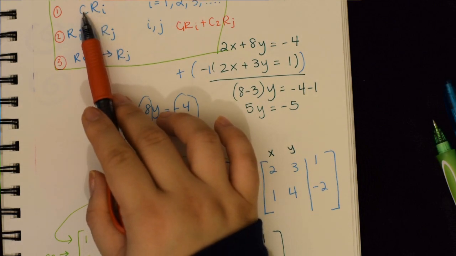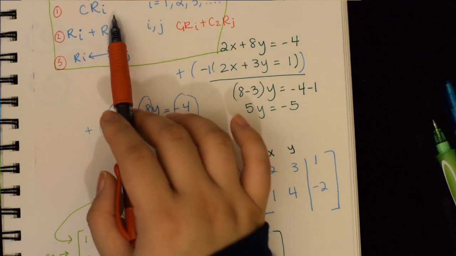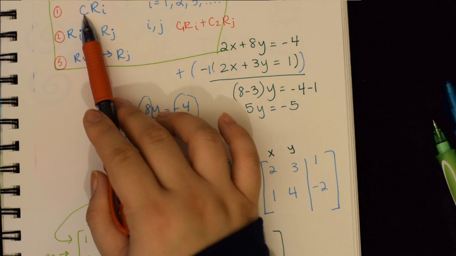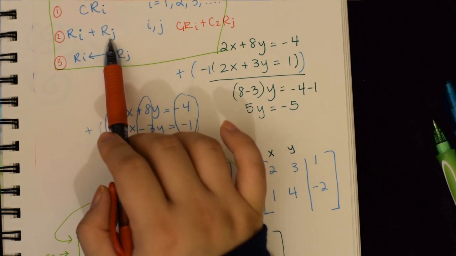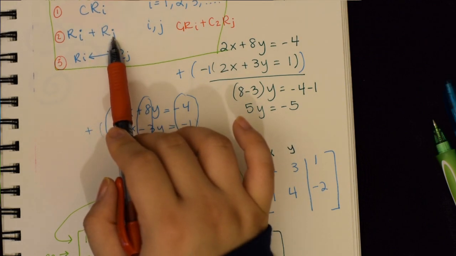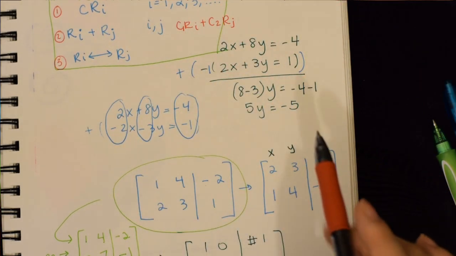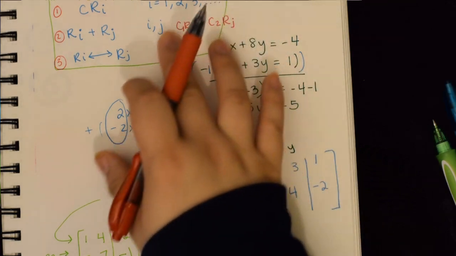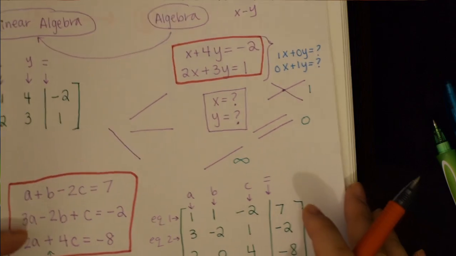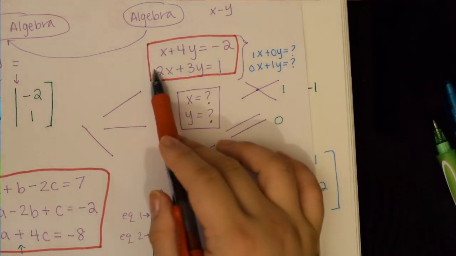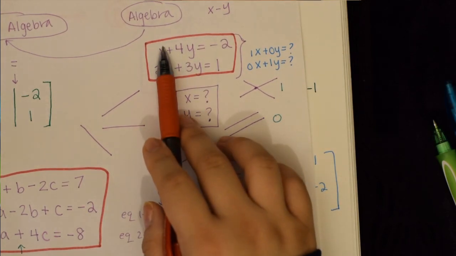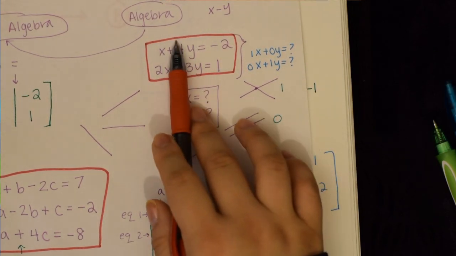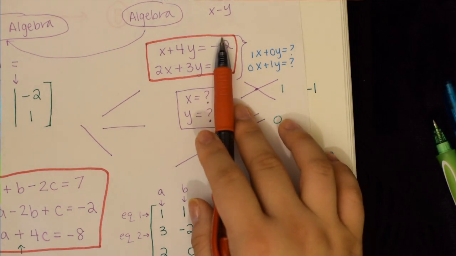because I can multiply any row by a constant C. So I could multiply even row J by a different constant and add those together. And so the equivalent of this is essentially doing this entire thing in my head: this minus 2 times that, this minus 2 times that, this minus 2 times that.